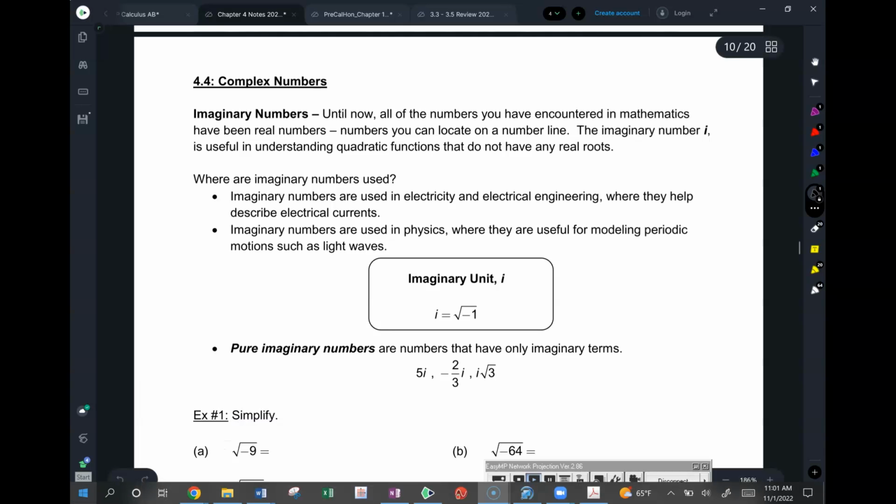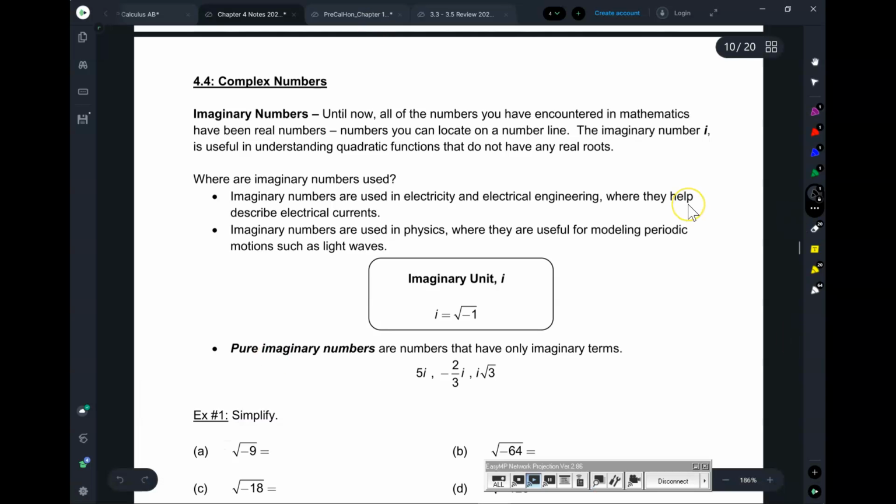Imaginary numbers, right? Until today, all of the numbers that you've dealt with have been part of the real numbers. And if you remember, in the very beginning of the year when we did the classifications of the numbers, it was like, okay, is this number real? And they were all real, right?